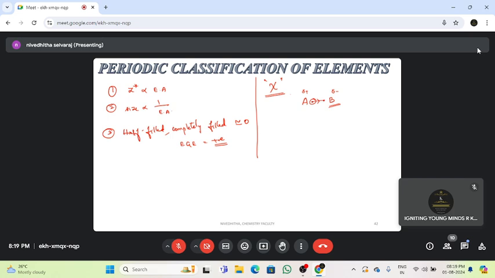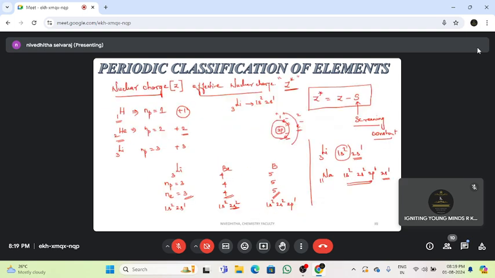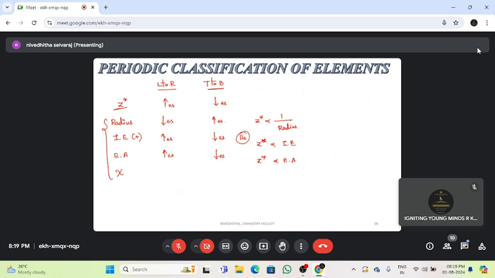Okay, that is electronegativity. Now tell me how effective nuclear charge and electronegativity are related. Effective nuclear charge and electronegativity, are they directly proportional or inversely proportional?